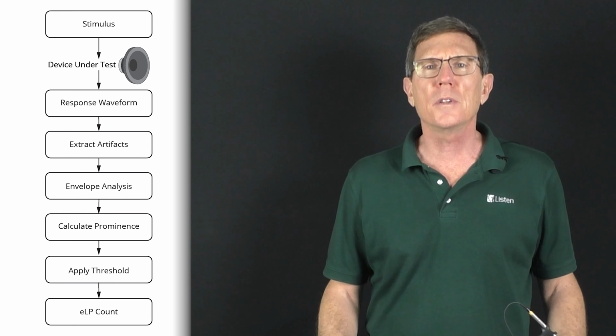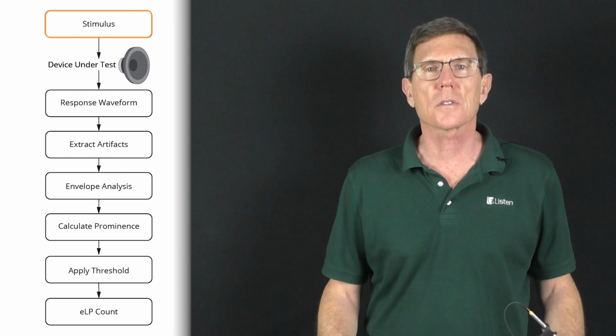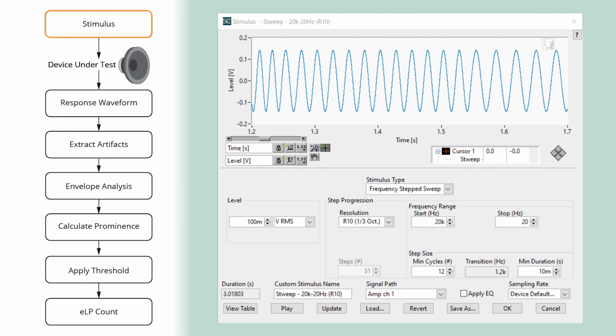We start with our unique stepped sine stimulus called STWEEP, which has a smooth transition from one frequency step to the next. This avoids any transients introduced by changes in stimulus frequency that you sometimes get when a step sine sweep is used. Since this is the same stimulus we generally use for other end-of-line tests, we can measure loose particles alongside other metrics with no increase in test time.